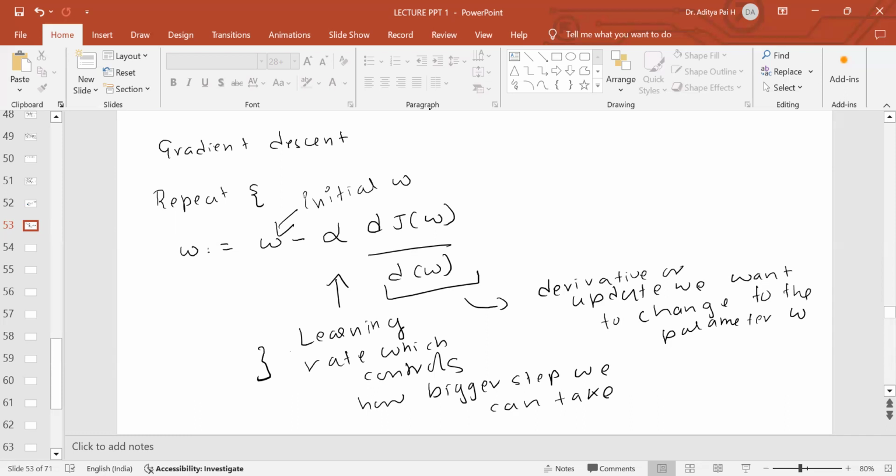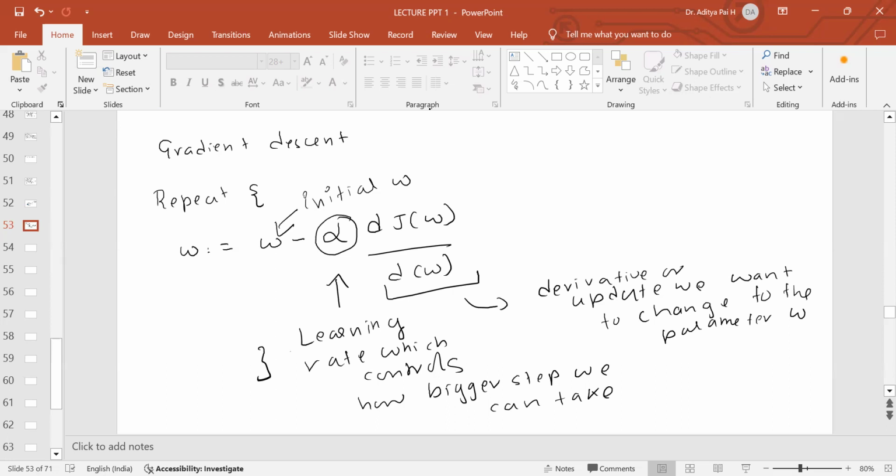So in gradient descent, W is the initial weight minus the learning rate times the derivative, or update, we want to change for the parameter W. This parameter update is done with respect to the change in the cost, and alpha is how big a step it is taking while tending towards the minimum cost.